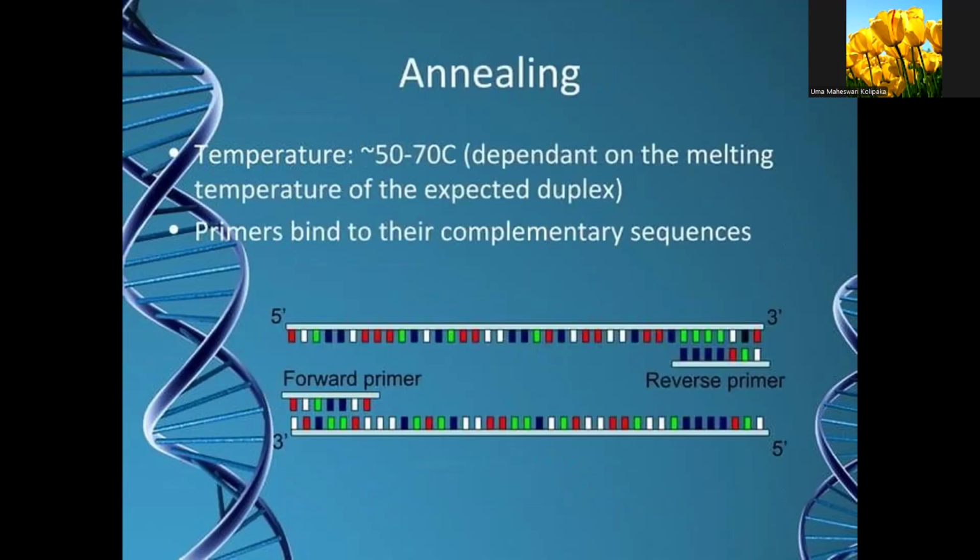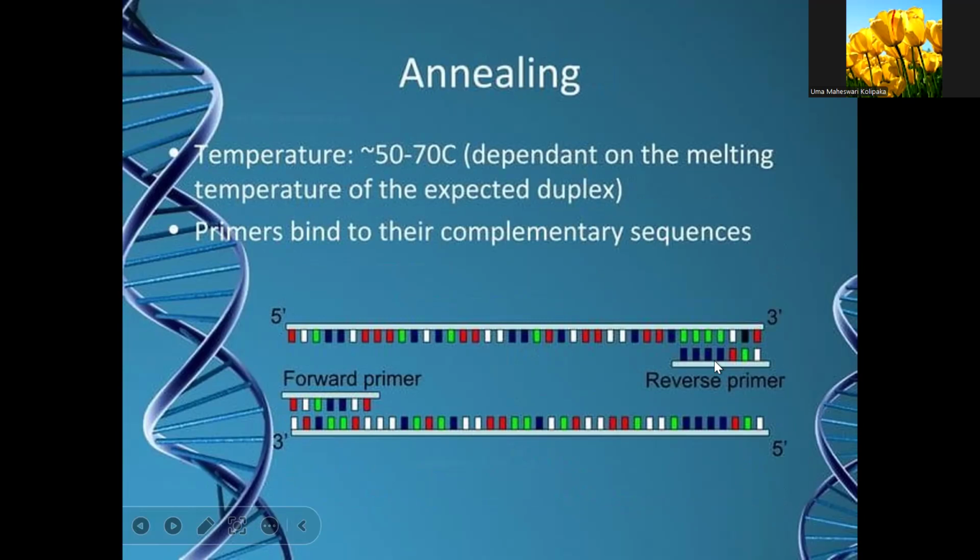Next, coming to the annealing process. For the annealing temperature, we need to fix 50 to 70 degrees Celsius to anneal the primers. Here we are taking the primers. This primer sequence will come and attach, or anneal, to the already existing single-stranded DNA.